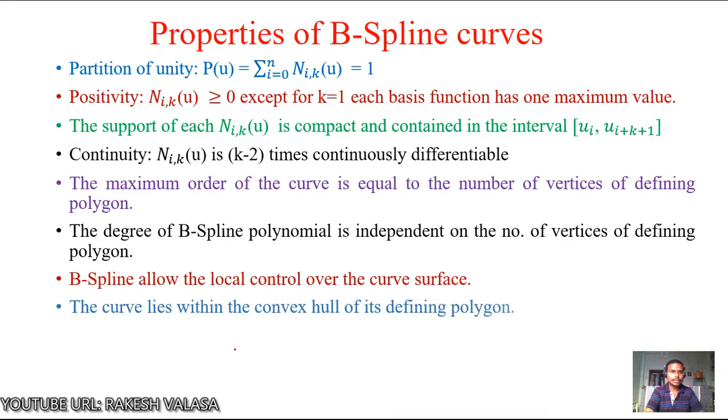Here the curve lies within the convex hull of its defining polygon. Already I said, you can take Bezier curves or b-spline curves or a Hermite cubic spline. The curve must lie within the convex hull. For example, this is the P1 point, this is the P2 point, P3, P4, P5, P6.